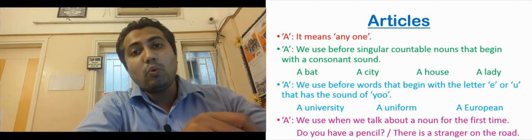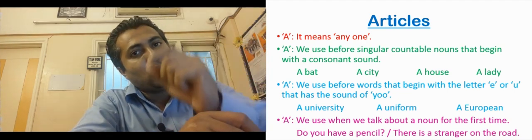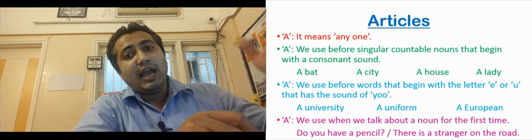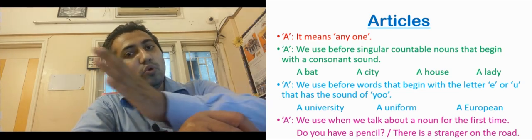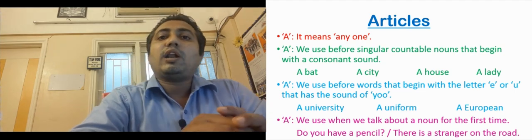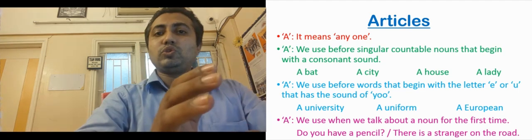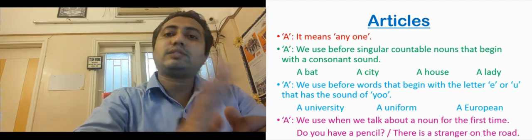You might have heard about vowel and consonant. Vowel is a, e, i, o, u, vowel, and alphabets में से a, e, i, o, u sound निकाल दिया. The other 21 sounds are called consonant sounds. So a is used with a consonant sound.